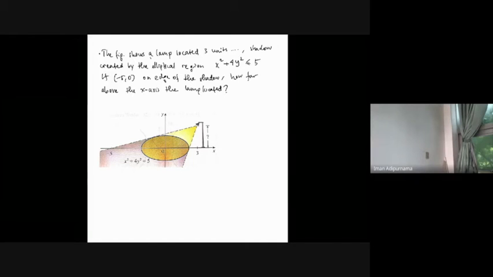So the lamp is at 3 units. You have -5 here, you have 3 from here, according to the XY coordinates. You have the ellipse, and you have the height.